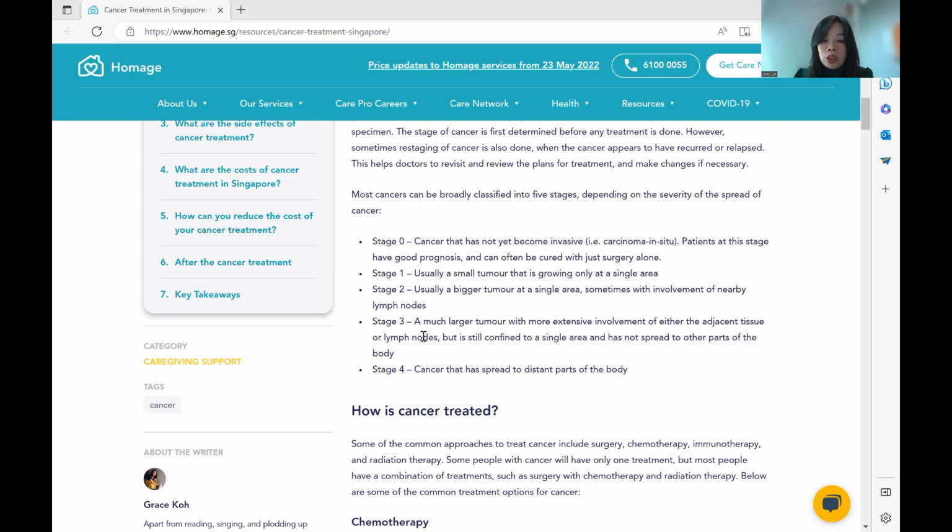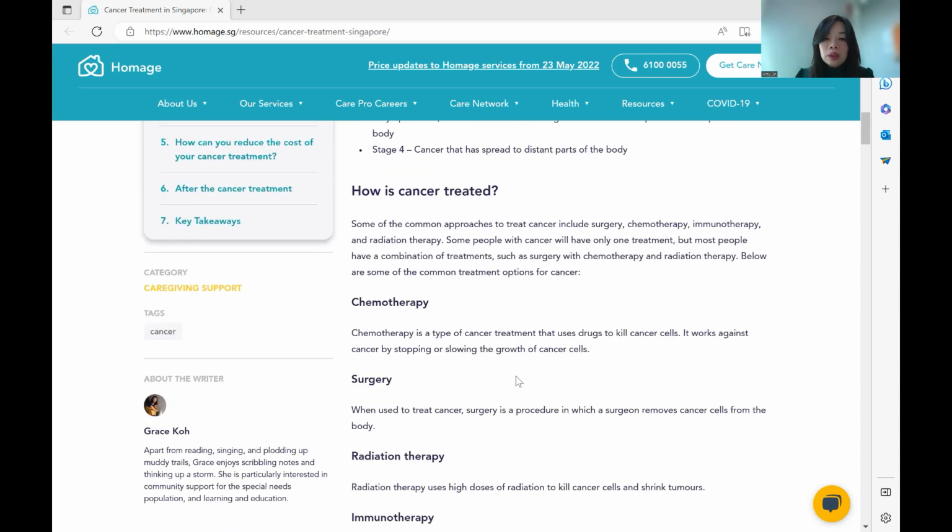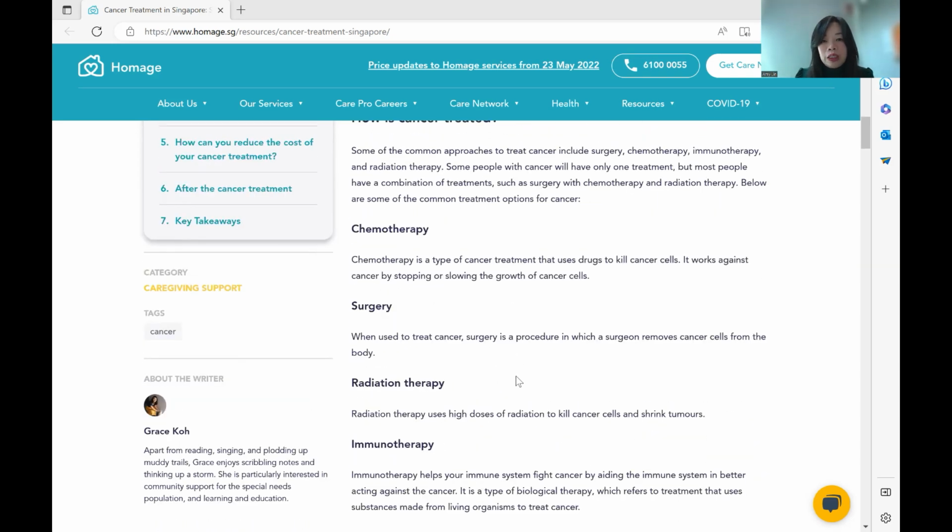Then stage 3 will be a much larger tumor with more extensive involvement of the adjacent tissue and lymph nodes, not confined to a single area but has not spread to other parts of the body. Stage 4 is when the cancer has spread to distant parts of the body. So over here, you can see early critical illness, early cancer, and the later part will be advanced cancer.